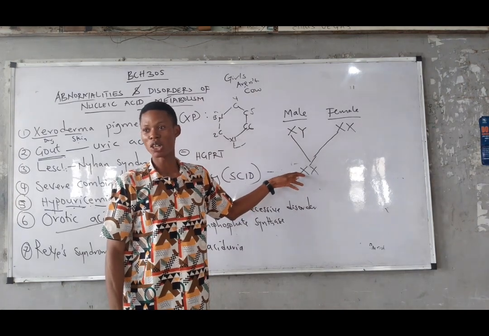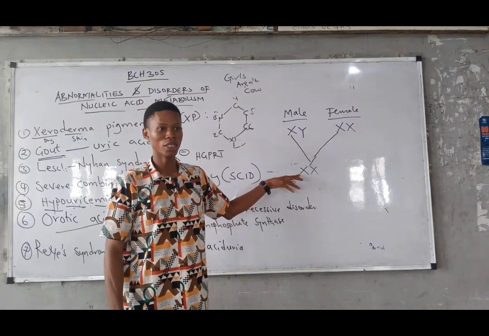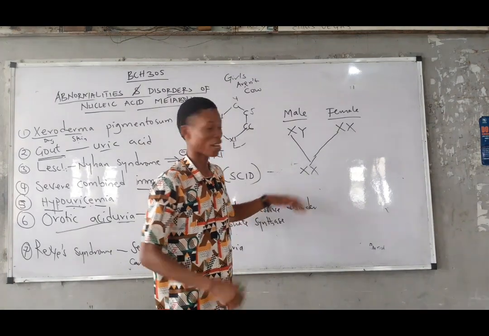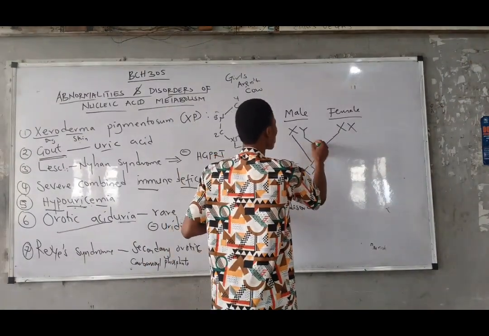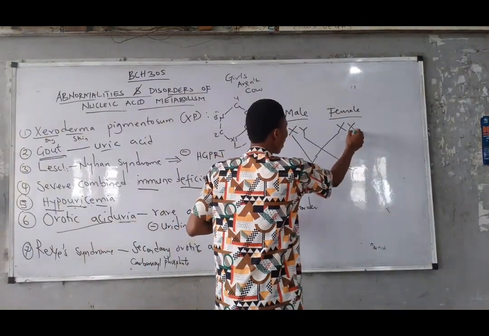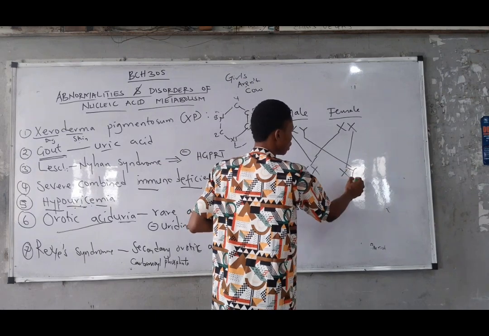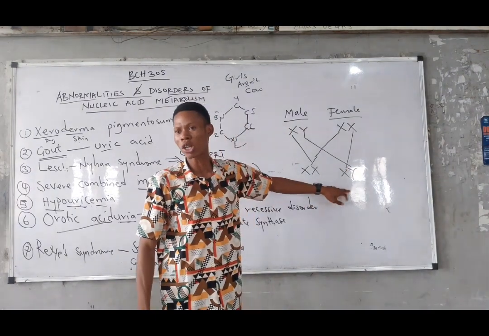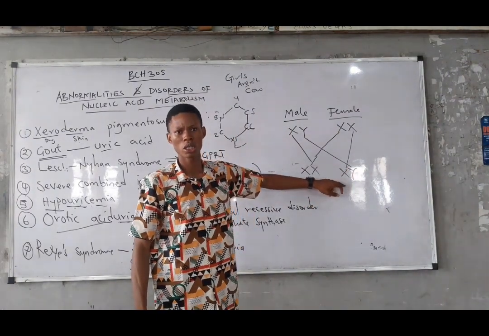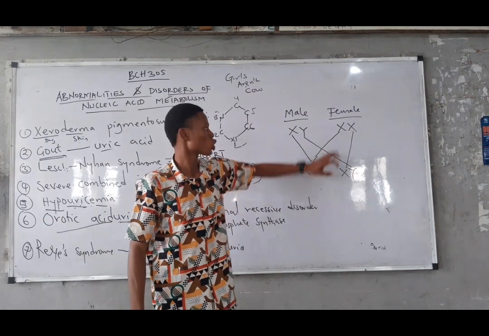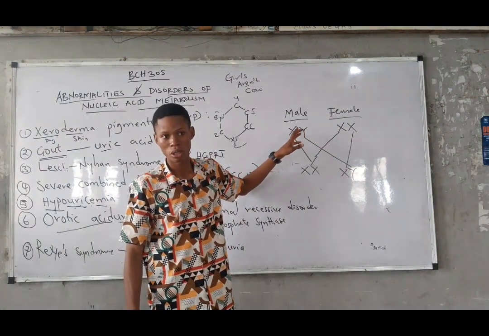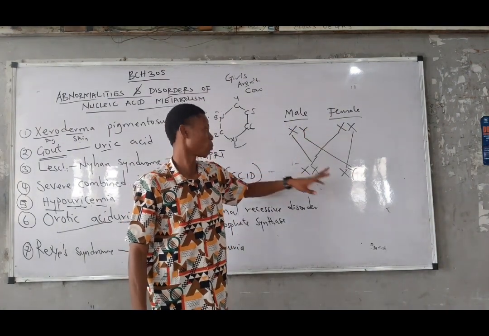A girl, right? Good. Now, if the man donates Y and the wife donates the only thing she has, the child will be a boy, right? Good. So who determines the sex of a child? The male, right? Good.